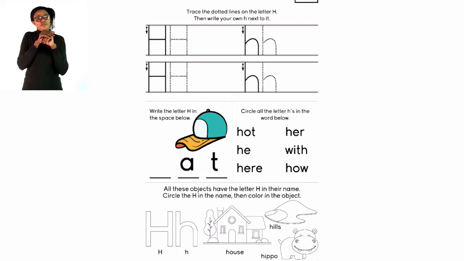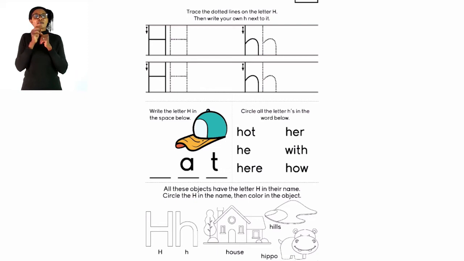Trace the dotted lines on the letter H. Then write your own H next to it again. So boys and girls, can you see that there is a solid H? Next to the solid H, there's a dotted H. So what must you do?